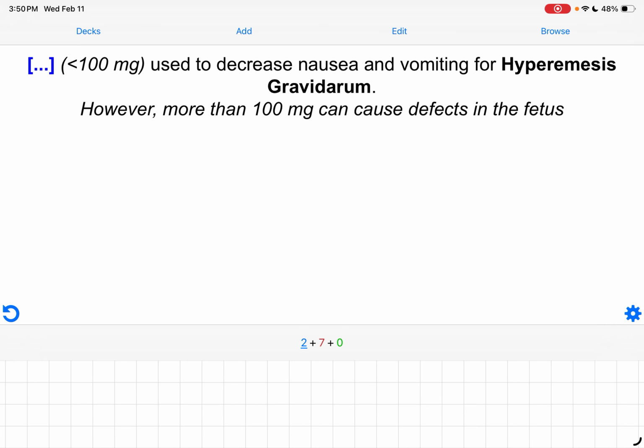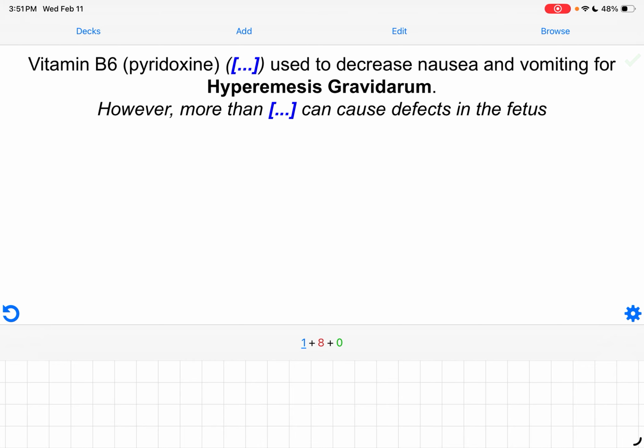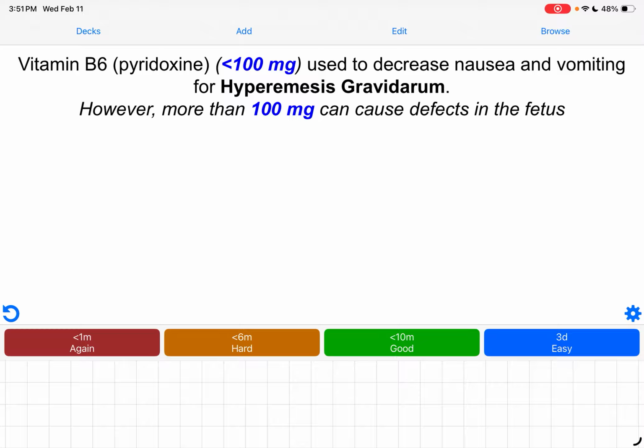Less than 100 mg is used. However, more than 100 mg can cause defects in the fetus. I did not know pyridoxine is something we can use to lessen the nausea and vomiting.